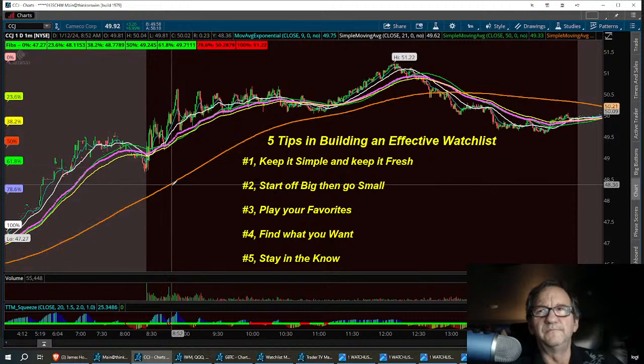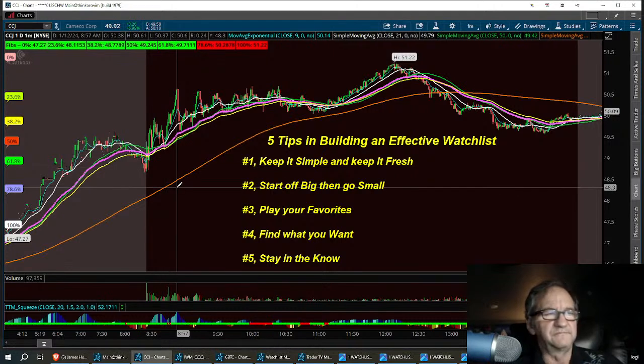The number two rule is start off big and then go small. Thin it out. Clean it up. The market's always changing. There's always something new, always a new sector running. Right now we've got AI. We've got Bitcoin. We had the Bitcoin run for about 2 or 3 months into the ETF.